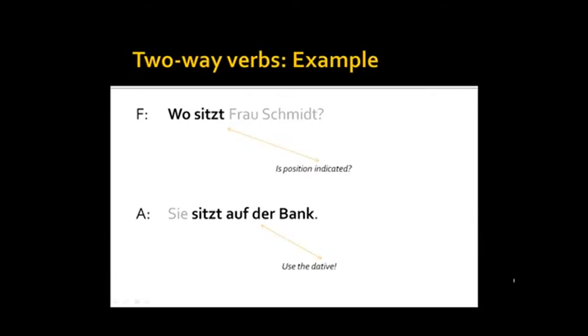She's not setting herself down, she's sitting on a chair, or in this example, auf der Bank, on a bench. So since by default the verb suggests position, I'm automatically going to use the dative case. Sie sitzt auf der Bank. Die Bank is the nominative form, feminine, but die goes to dative because I have a two-way verb, sitzen, and a two-way preposition, auf, describing location.